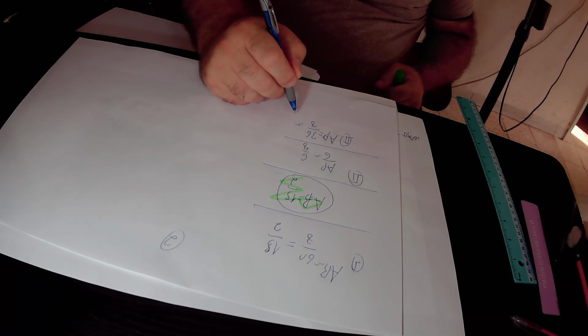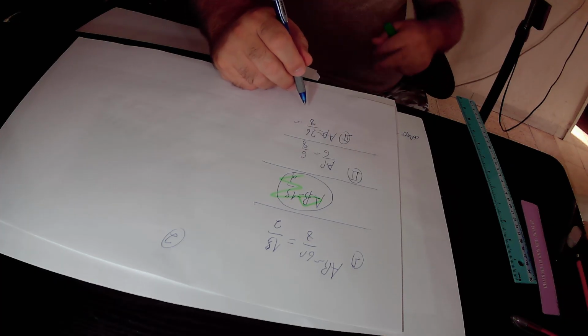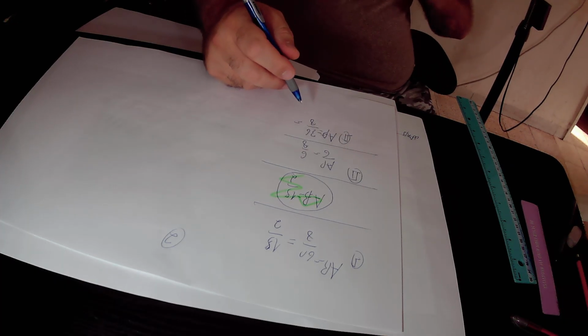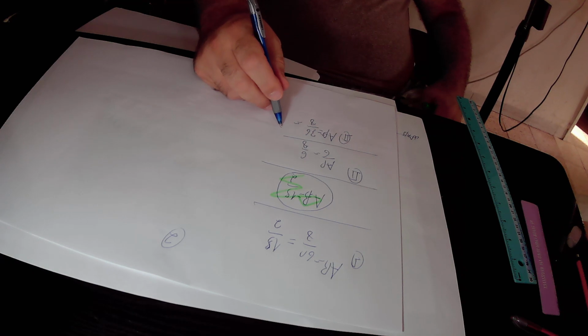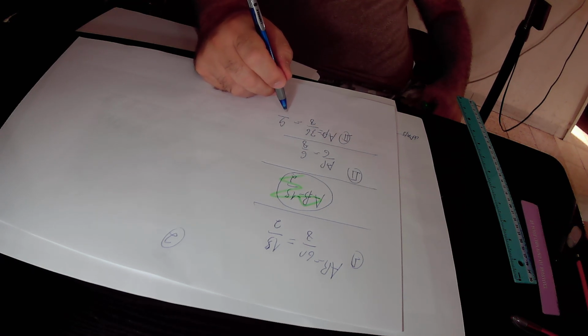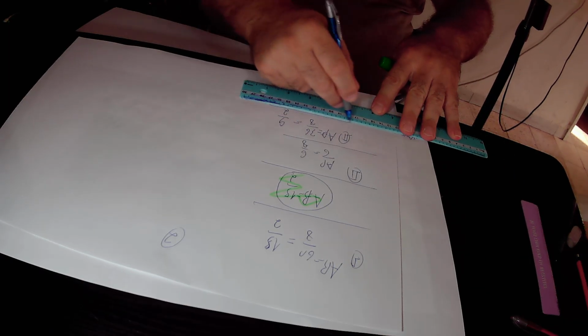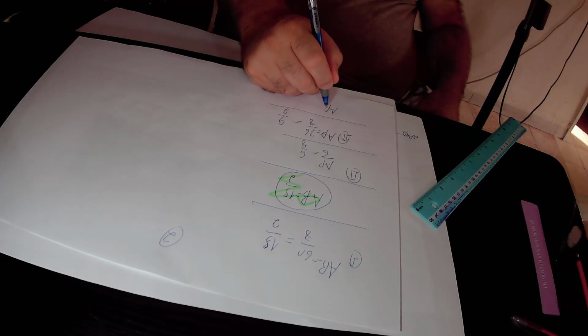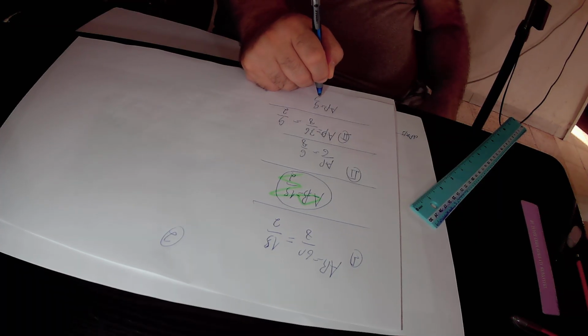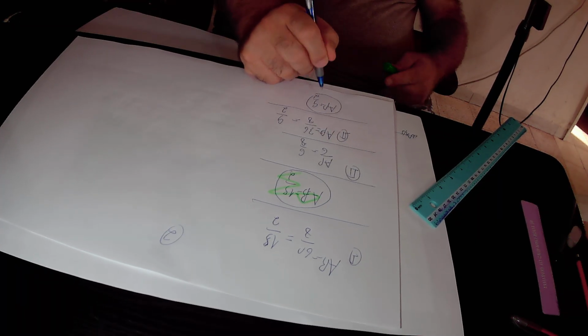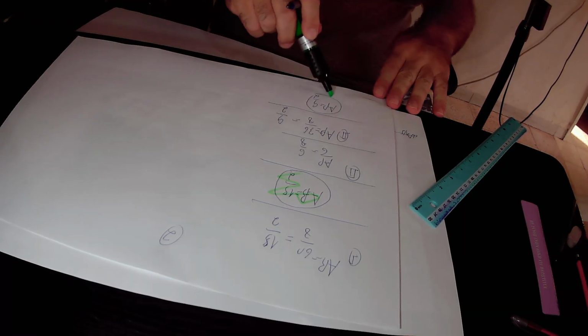Here we divide both the numerator and the denominator of this number by 4. 36 over 4 is 9, and 8 over 4 is 2. So in total, we found out that AP equals 9 over 2 units.